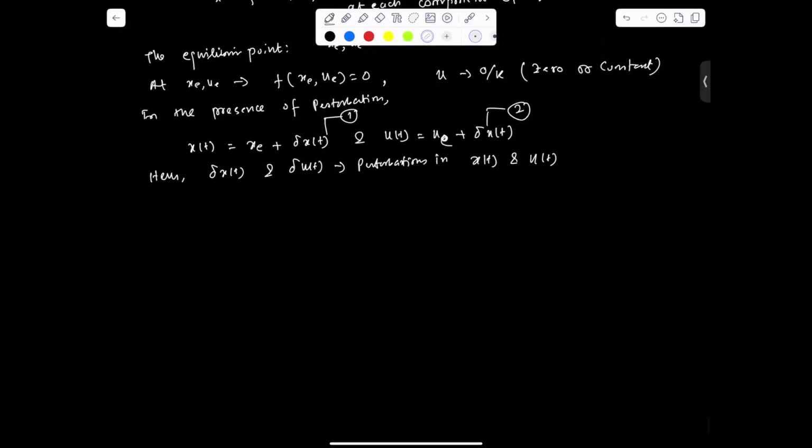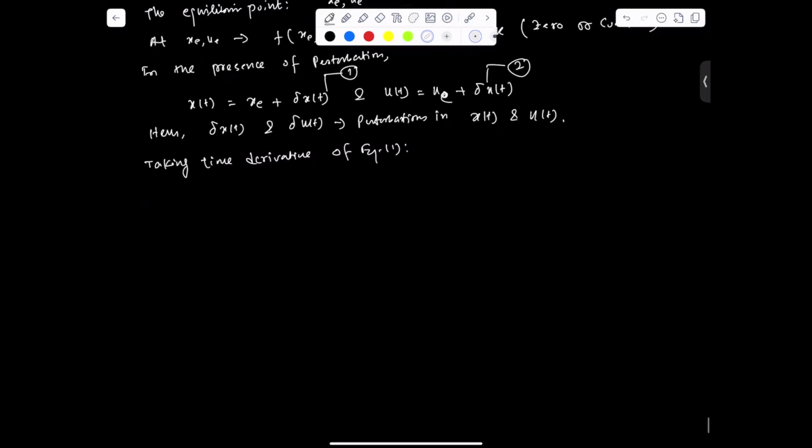And if you take the time derivative of equation 1, we can write x dot equal to x_e dot plus delta x dot, which is a function of time.